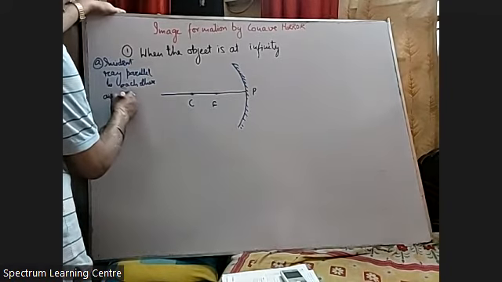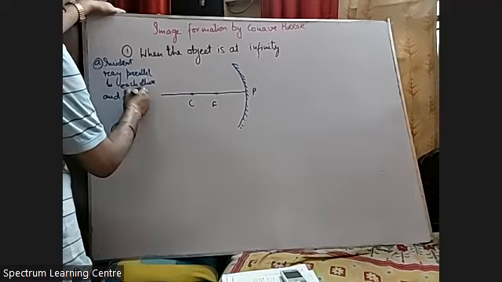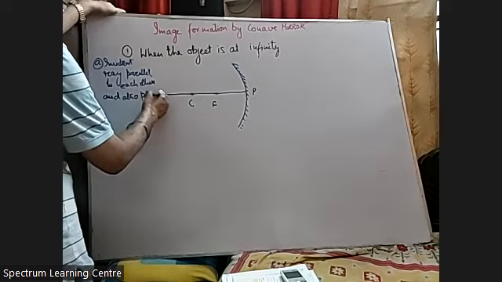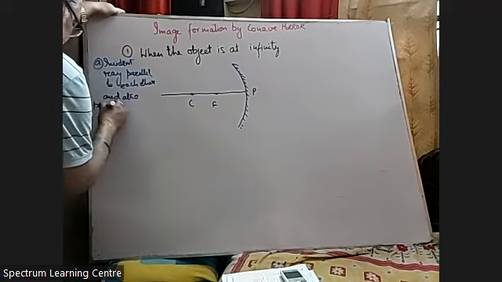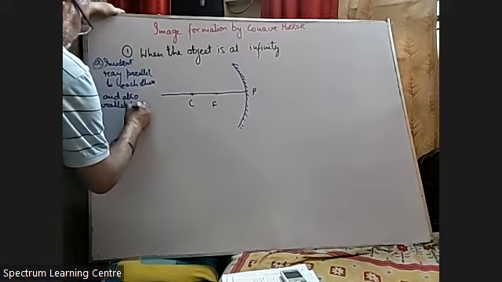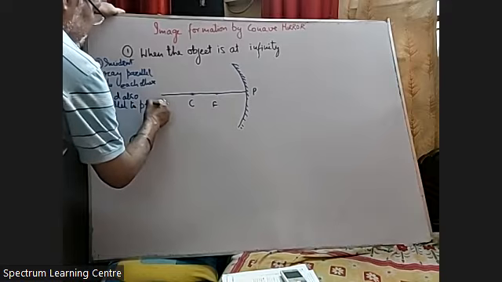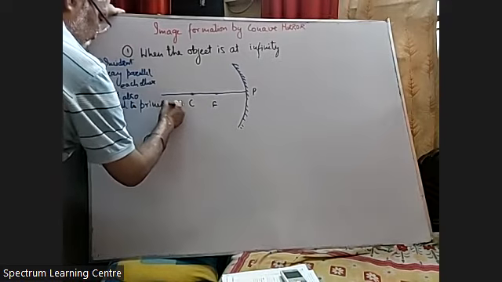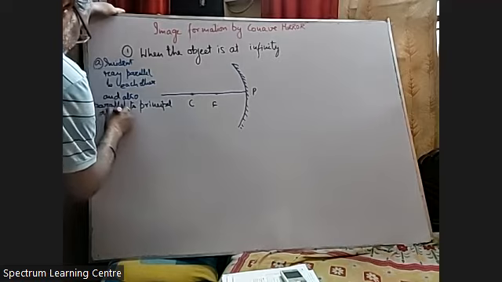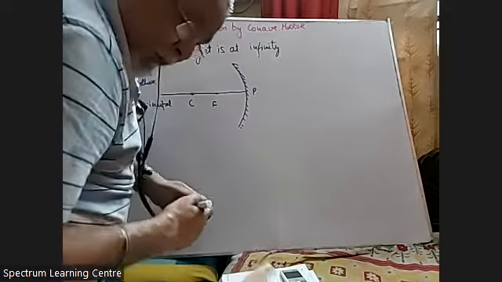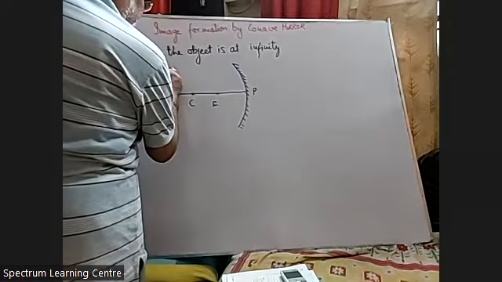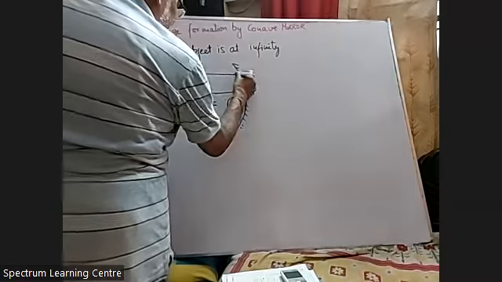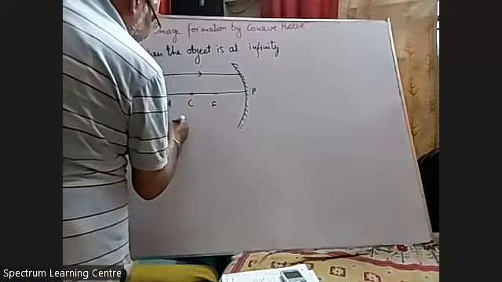Now suppose this is an incident ray coming from infinity, which is parallel to principal axis.